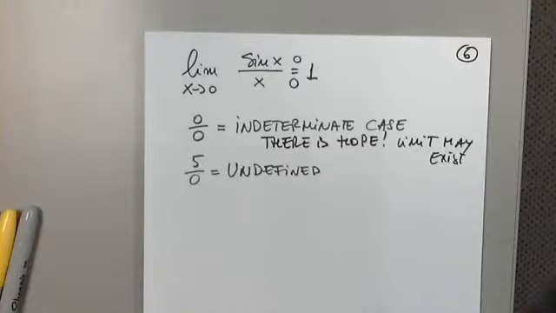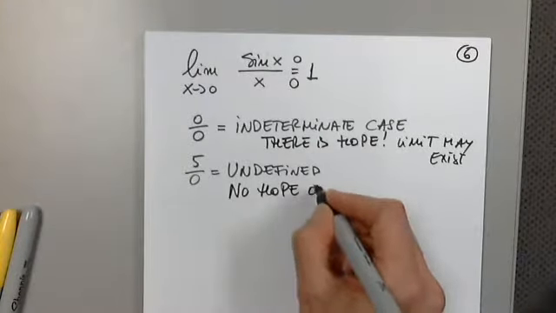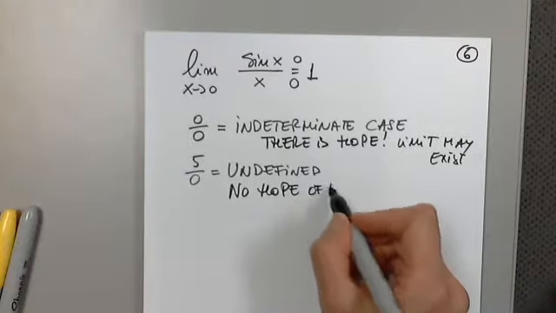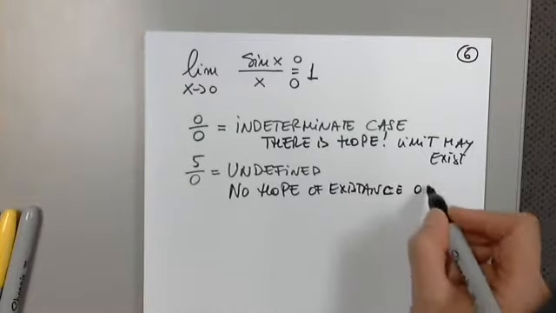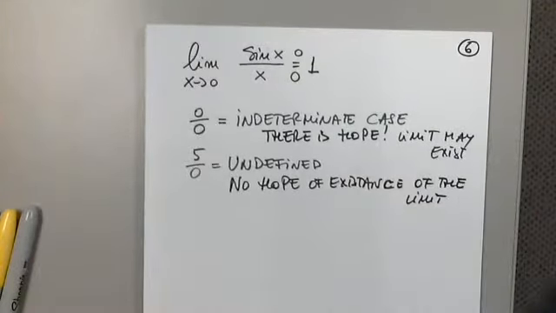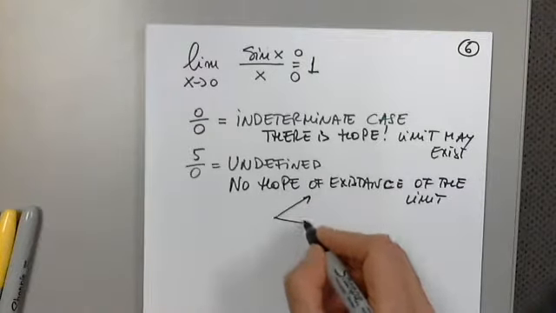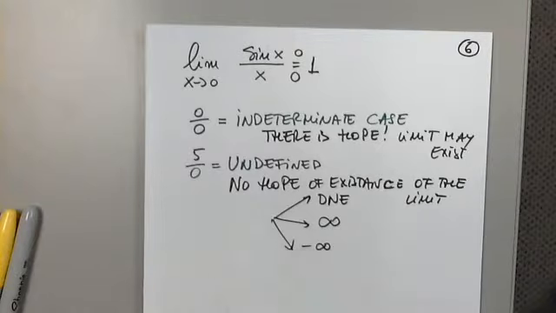The undefined situation has absolutely no hope for the limit to exist. When the limit does not exist, there are three possibilities: DNE, infinity, or negative infinity.